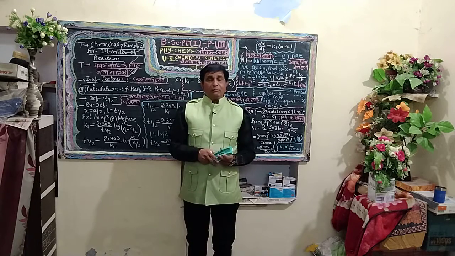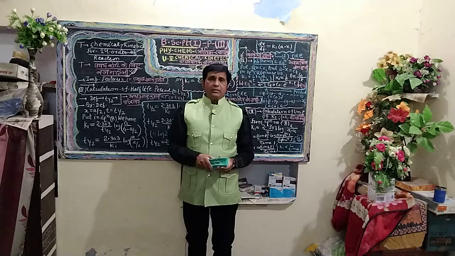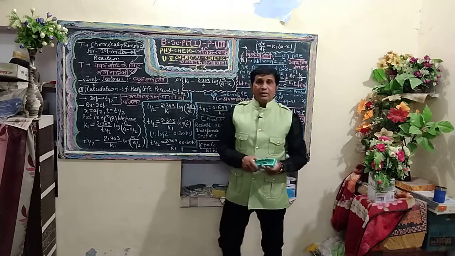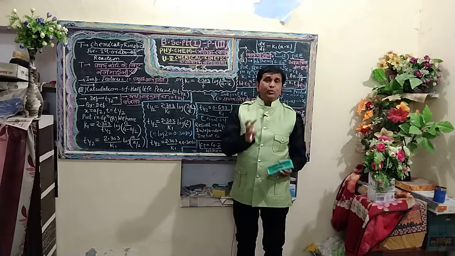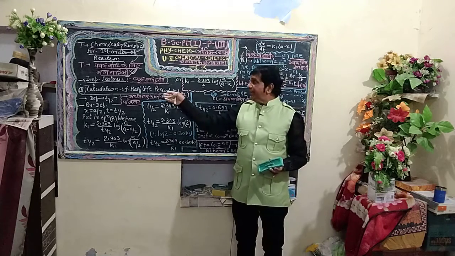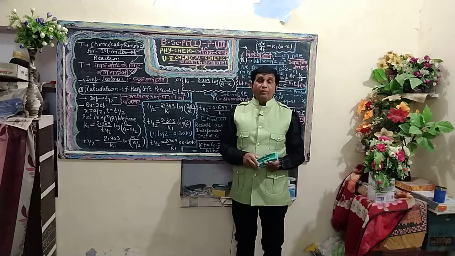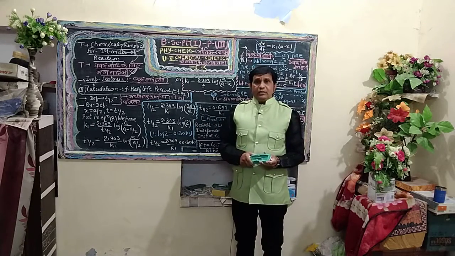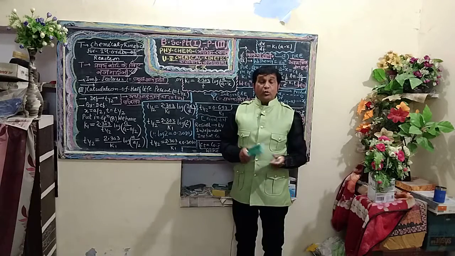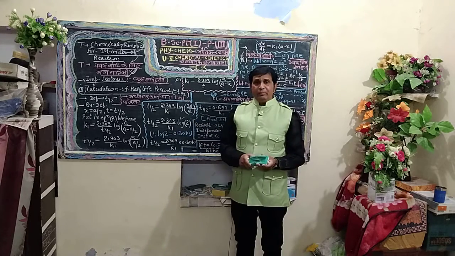Out of all the postulates and important features, I explain one by one in the classroom. The first one is mainly concerned with the derivation of the rate law, the rate equation. Secondly, students have to plot the graphical representation.